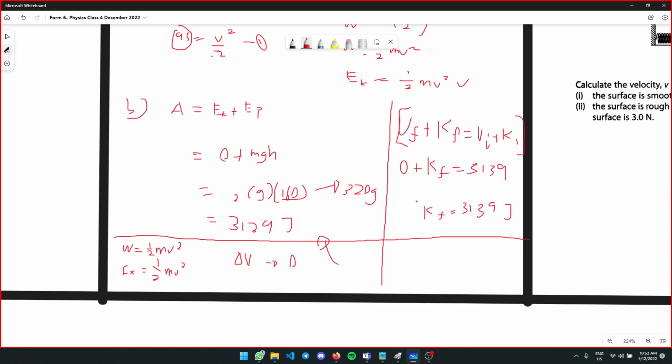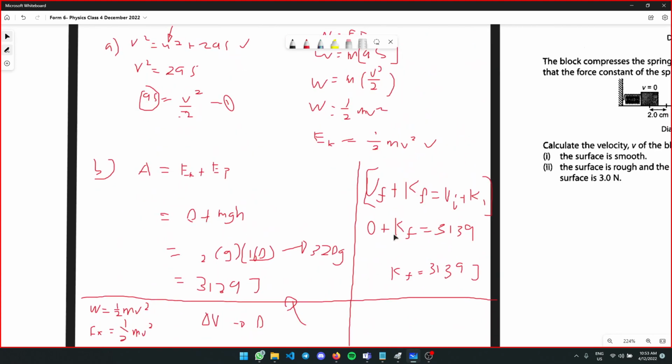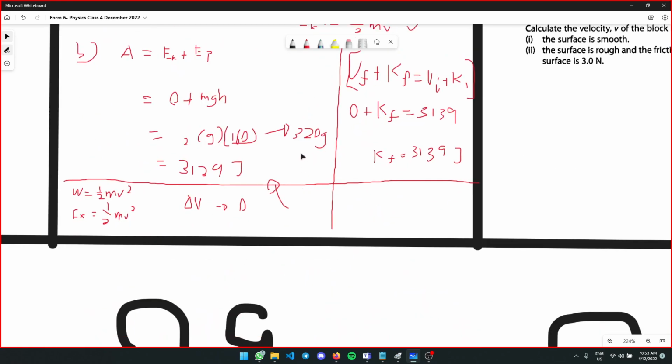We know that the energy at B, just now, was 3139. But when it sinks into the ground, what is the energy? Zero, because it just stopped moving. When it stops moving, velocity is zero, and hence energy is also zero. So delta is 3139.